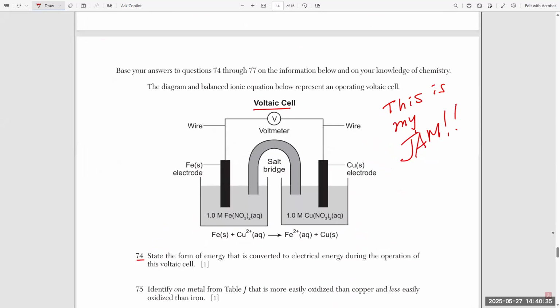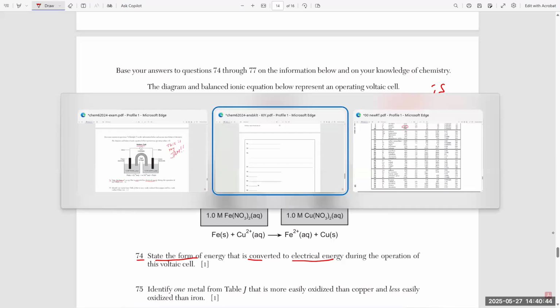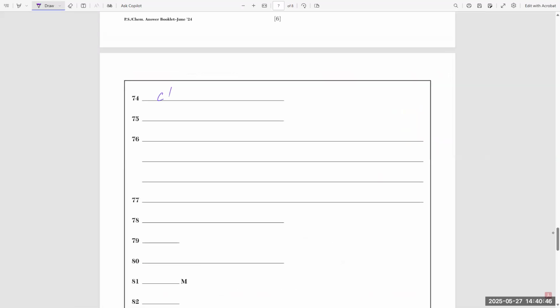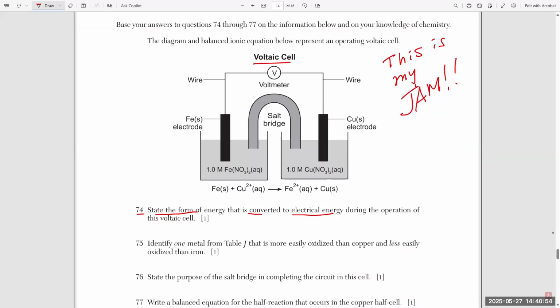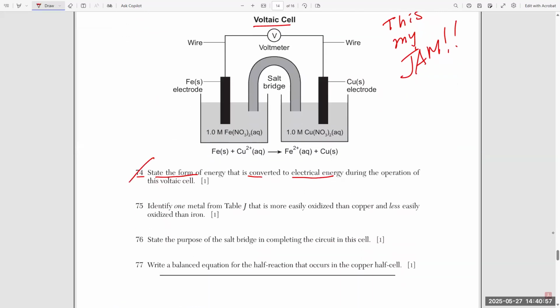So, number 74, state the form of energy that is converted to electrical energy. Dude, there's only two energies that are the definition. One is electrical energy and the other is chemical energy, right? So that's it, just chemical energy. Again, this is literally a definition question.